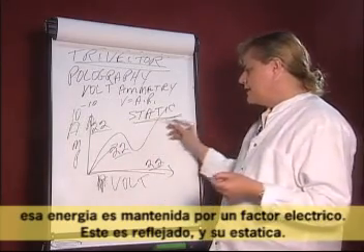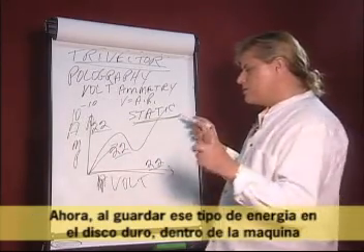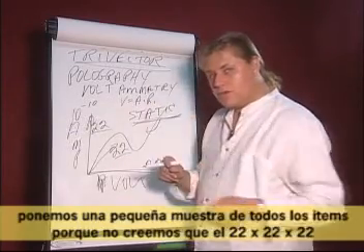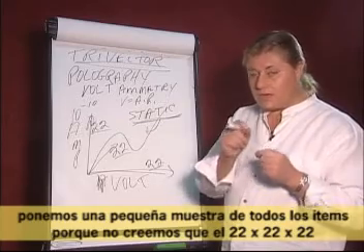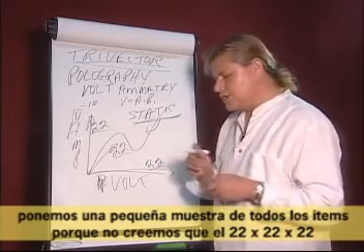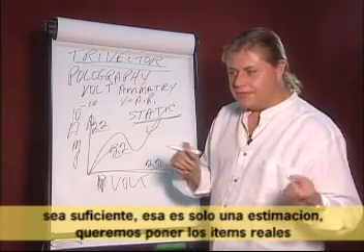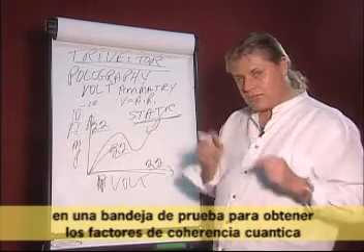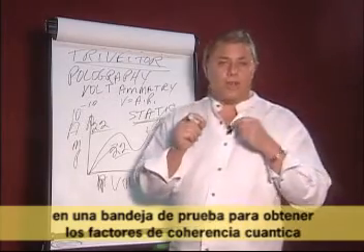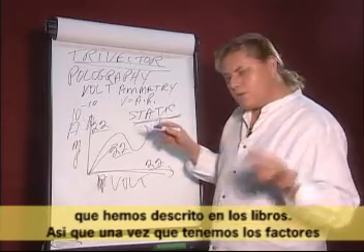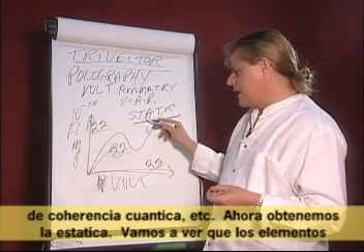It's reflected and it is static. Now, we store that type of energy in the hard drive, and inside the machine we put a little test kit of the actual samples of all these items, because we don't believe that the 22 by 22 by 22 is quite enough. That's really just a small estimate. So we want to put the actual items into a test kit so we get the quantum coherency factors we've written in the books. So once we got the quantum coherency factors, now we got the static.